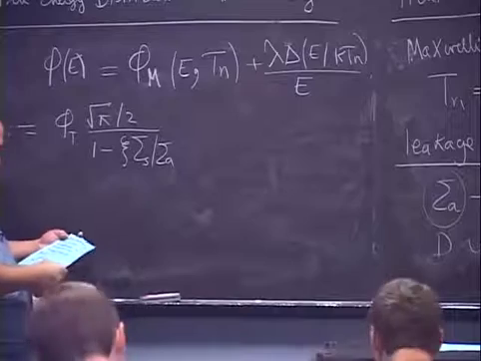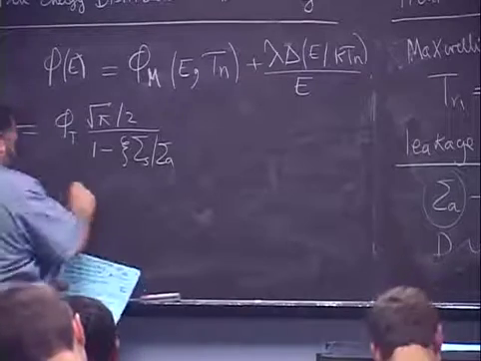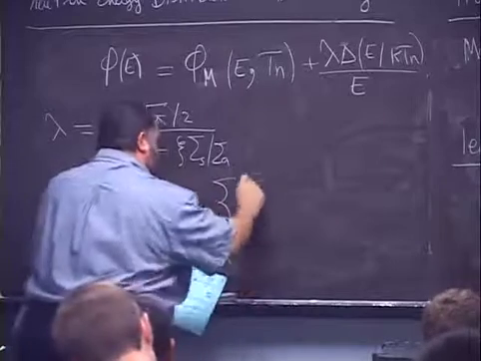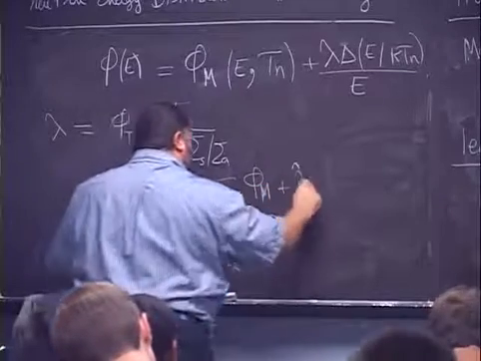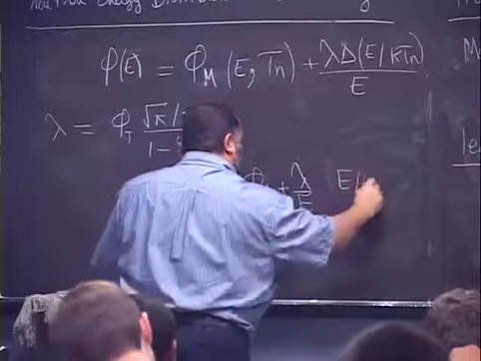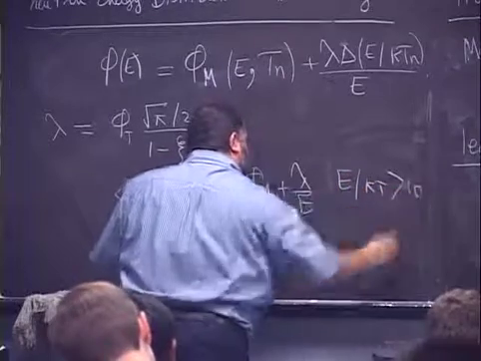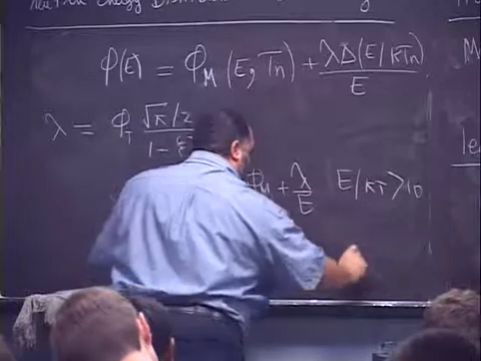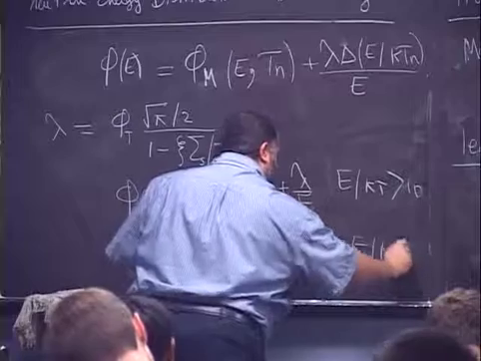Okay, guys? So the flux now as a function of energy will be phi Maxwellian plus lambda over E for E over kT greater than 10, and phi Maxwellian for E over kT less than 5.